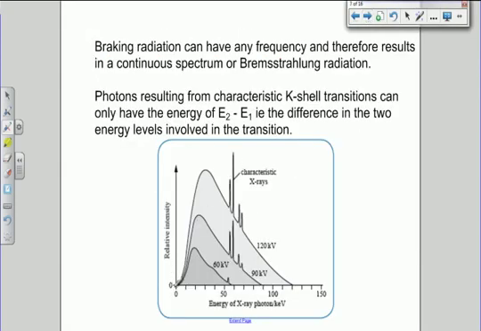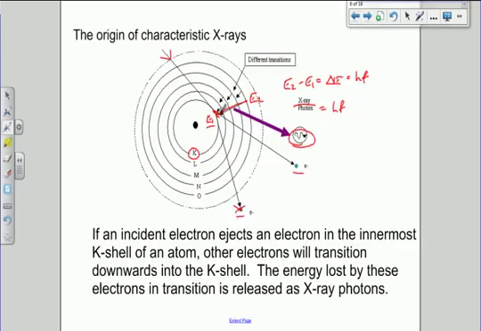So the breaking X-rays produce this typical curve, okay, that is the one that's produced by the breaking radiation. The characteristic X-rays, because they are quantized effectively, because the electrons can only transition inwards from these outer shells, are going to have discrete values.